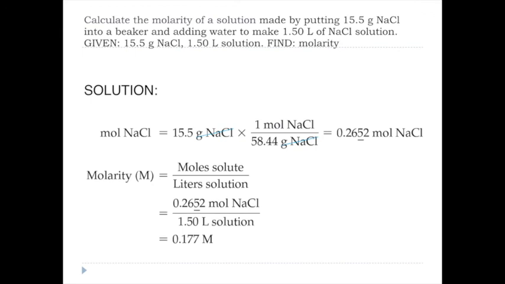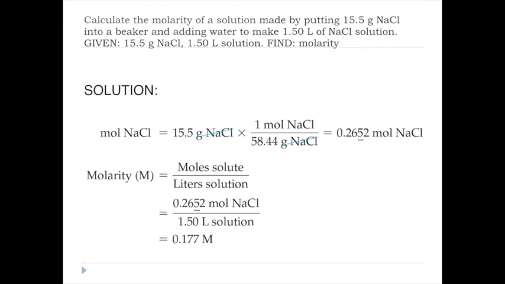So all we have to do is go from grams to moles to find our moles of sodium chloride. So they do that right there, 15.5 grams divided by its molar mass, 58.44 grams, gives us 0.2652 moles of sodium chloride. So we just divide the two, and the concentration of our solution is 0.177 molar.